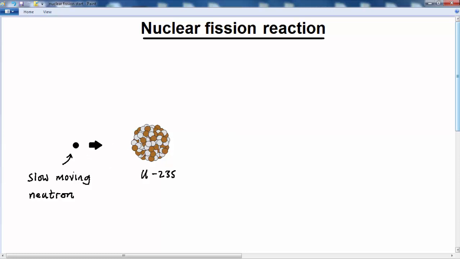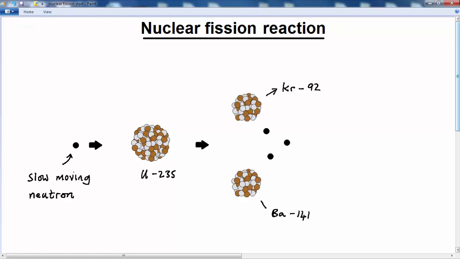What happens when the uranium nucleus absorbs this neutron is it becomes unstable, and this causes it to split. When it splits, it will form the nuclei of two new elements, and there are various ways in which this can happen. In this case, it's split into krypton-92 and barium-141. And when this splitting occurs, the crucial point is that either 2 or 3 more neutrons are released.